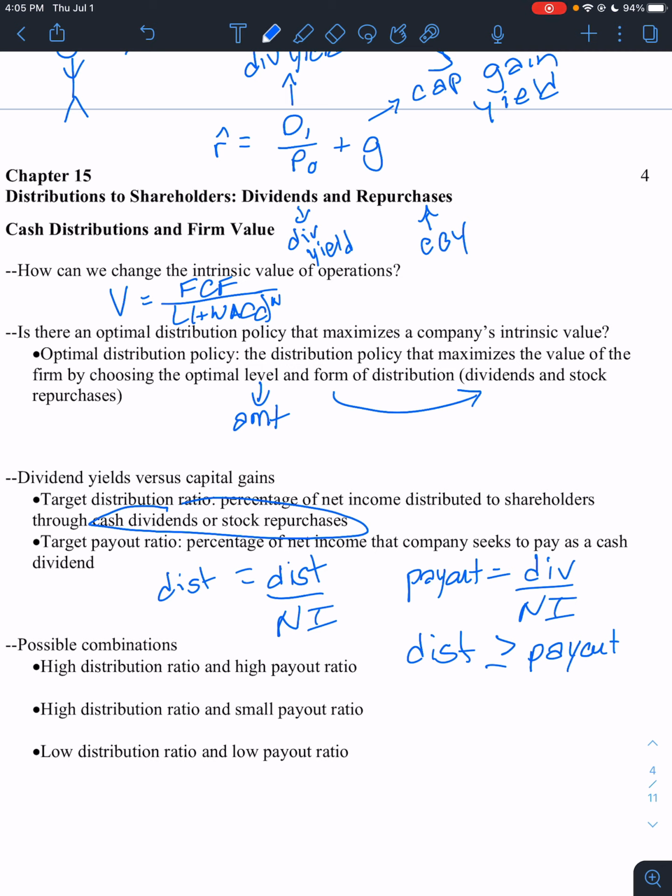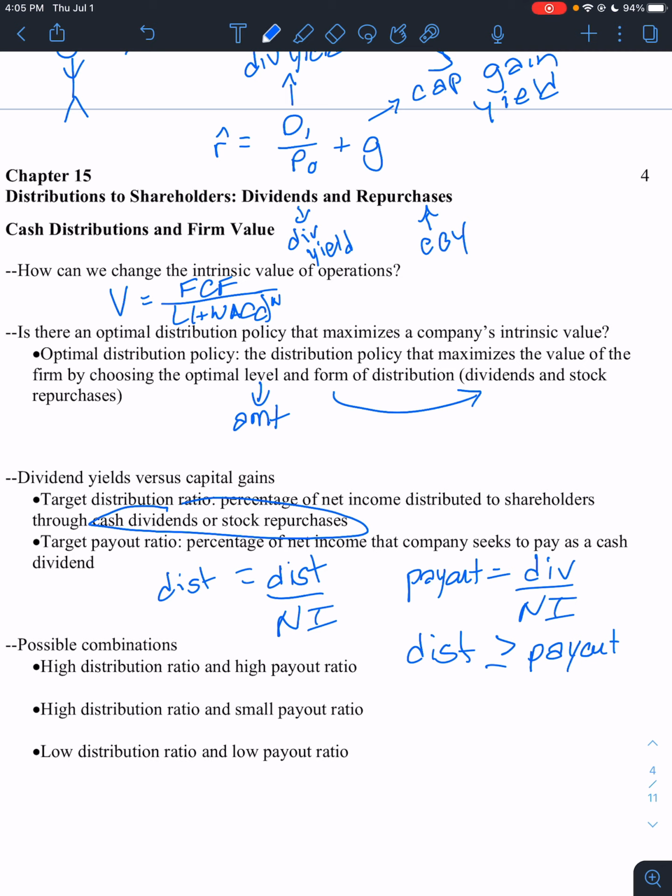So if I only pay out cash distributions as dividends, then those two will be equal. If I do some as repurchases and some as dividends, the distribution ratio should always be higher than the payout ratio. We don't really define a repurchase ratio. It's just nothing that we need for practical purposes.